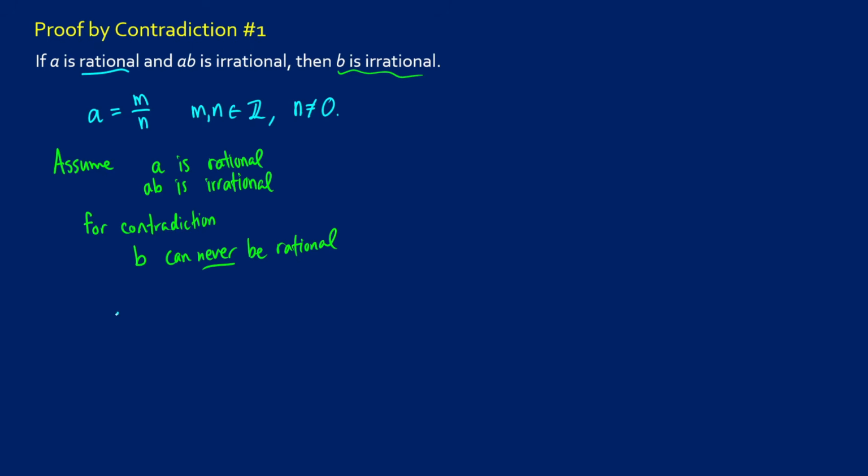So we know that A times B can now be written as M over N, and let's define B as being P over Q for P and Q integers and Q not equal to 0, because we're going to assume that B is rational.